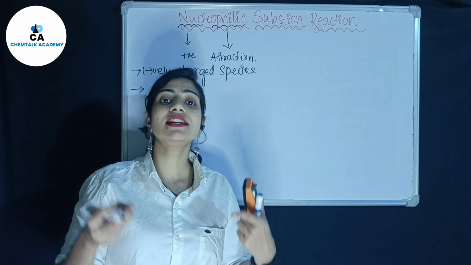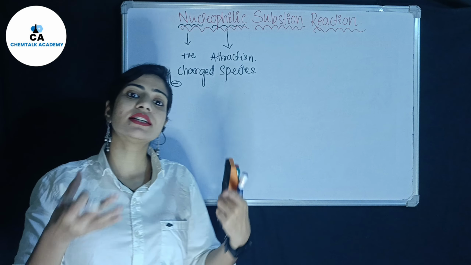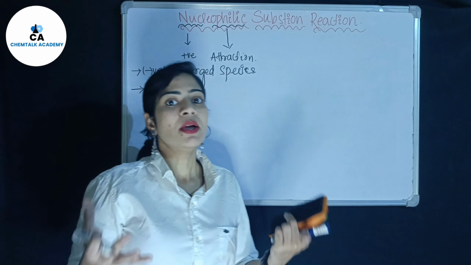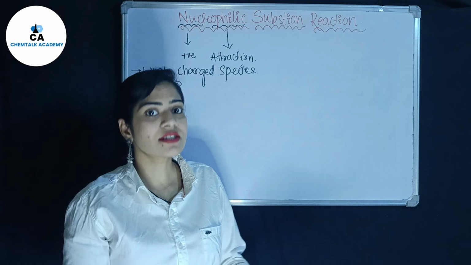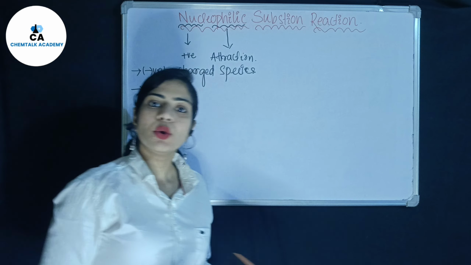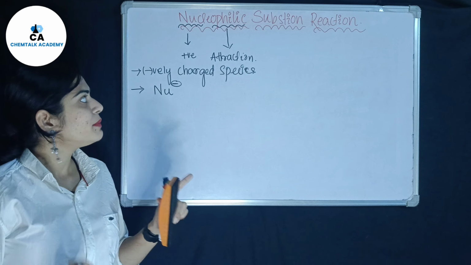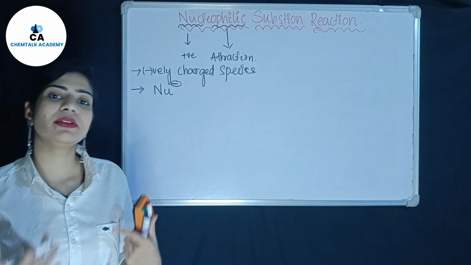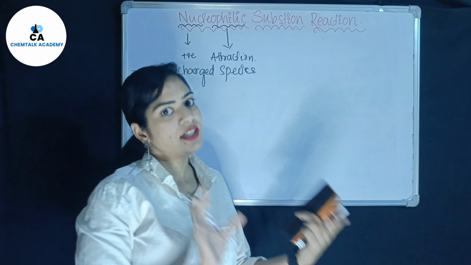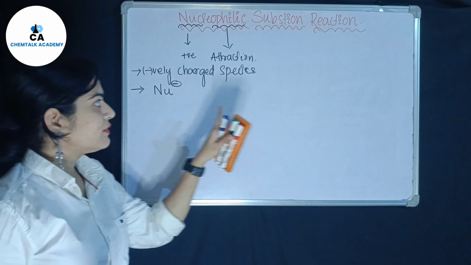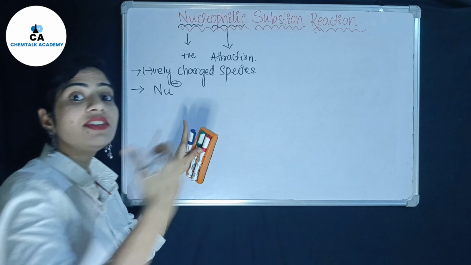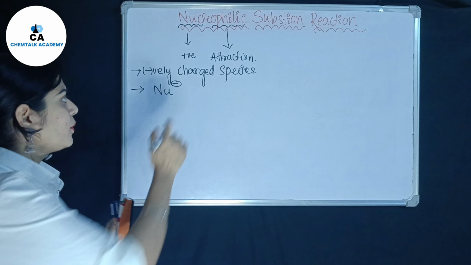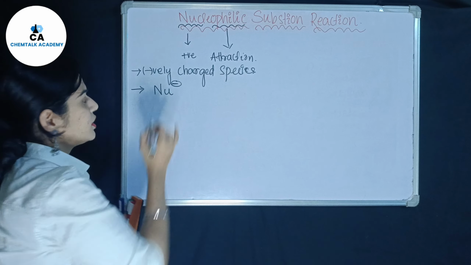We can also say it is a species sufficient in electrons, having extra electrons so that it can donate. So a nucleophile is a negatively charged species that is attracted to positive charge. It is denoted as Nu minus, and a negative charge is shown here.